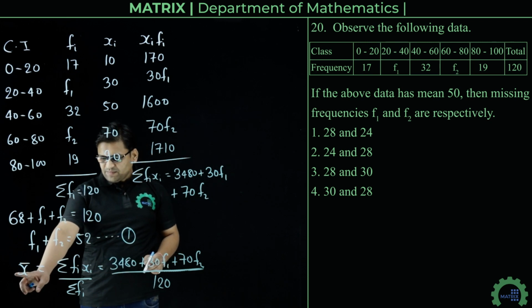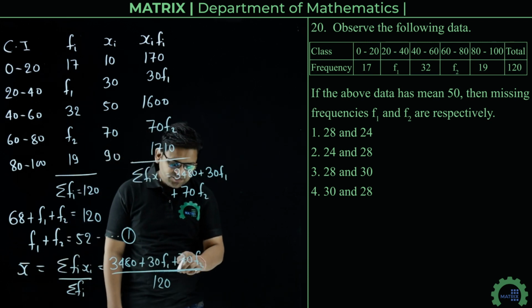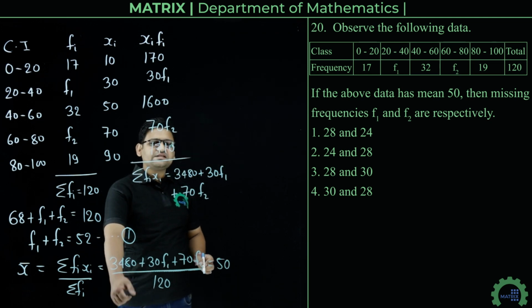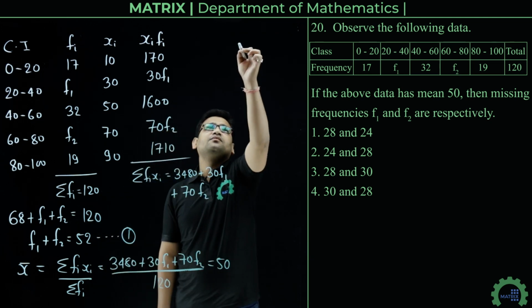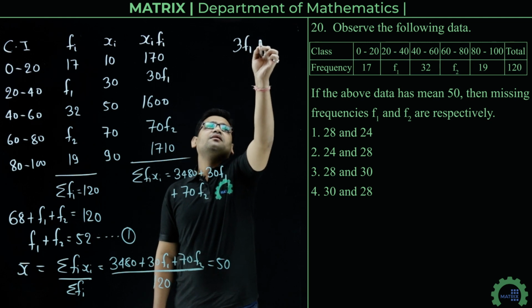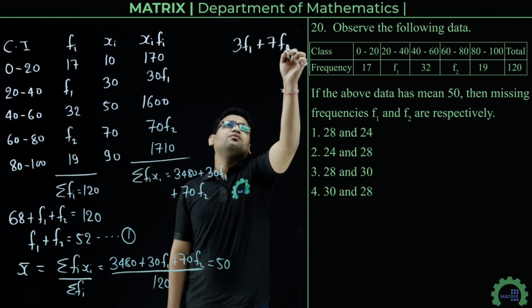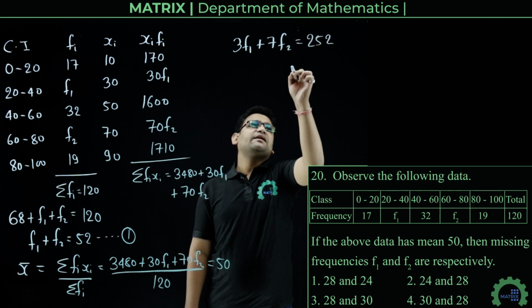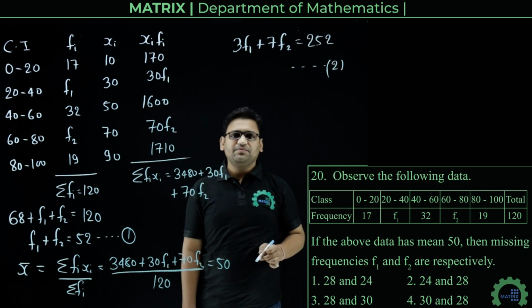So this mean x bar is 50, so that expression is equals to 50. Finally, on simplifying this, we get 3f1 plus 7f2 is equals to 252. Let's say this is equation number second.